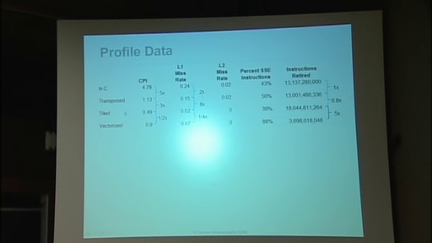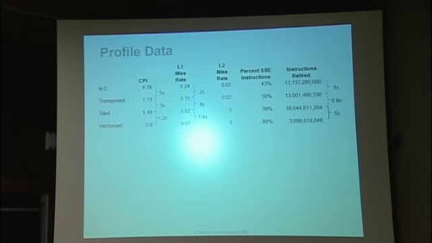Now if you look at what's going on here, this is very interesting. My CPI has gone up, which means each instruction is running slower because I am using these SSE instructions. In fact, my cache miss rate has also gone up. But I am executing a lot fewer instructions, because SSE means that in one instruction I am operating on a vector, so I get 4 operations done in one instruction.